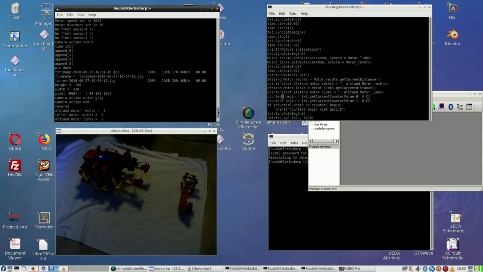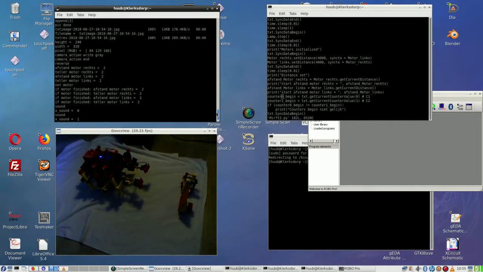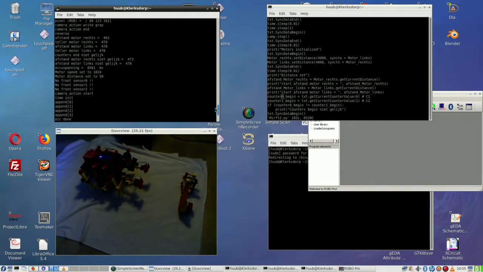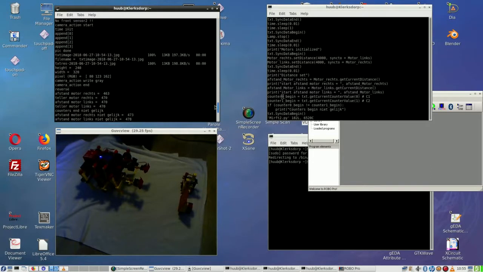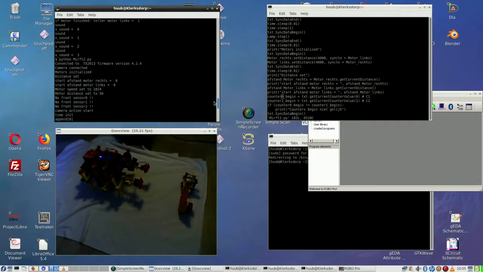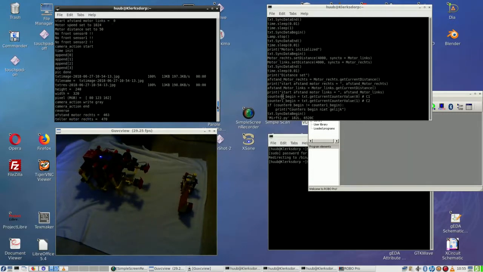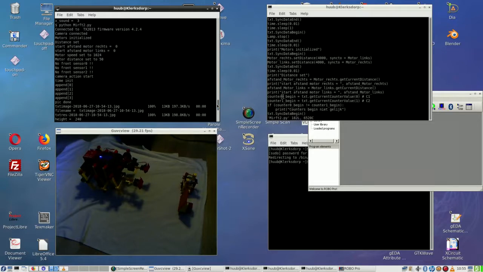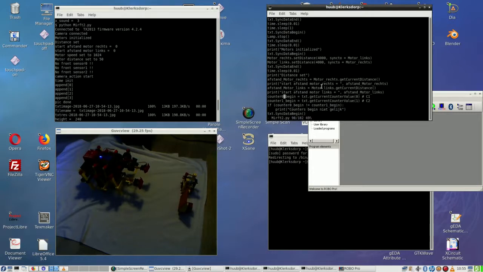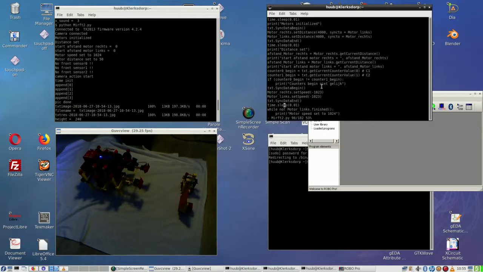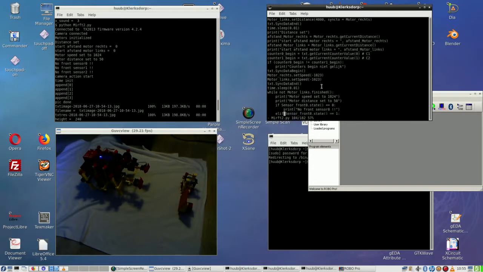Alright, so what does happen? Start 0 again. Motor this. What? Set distance, and then motor distance set to. Oh, that is, yeah, right.